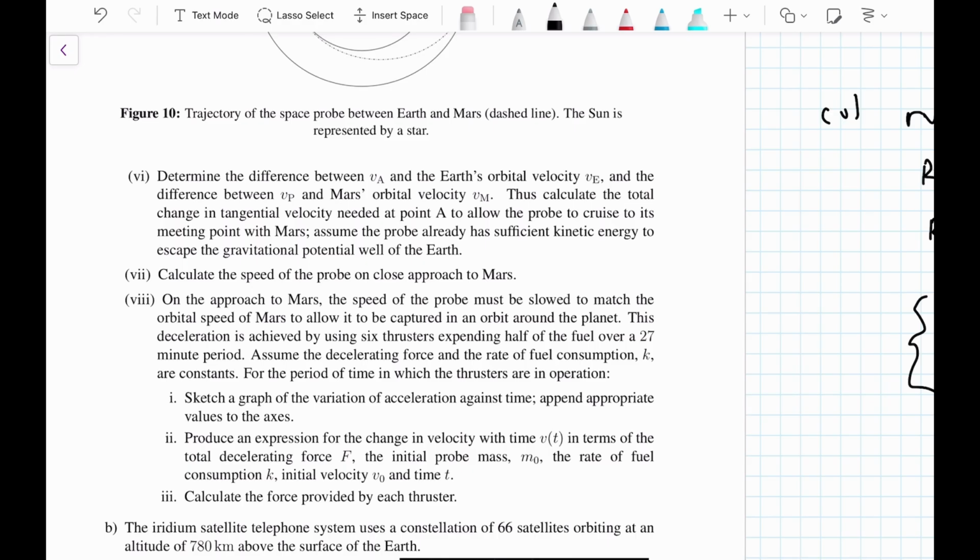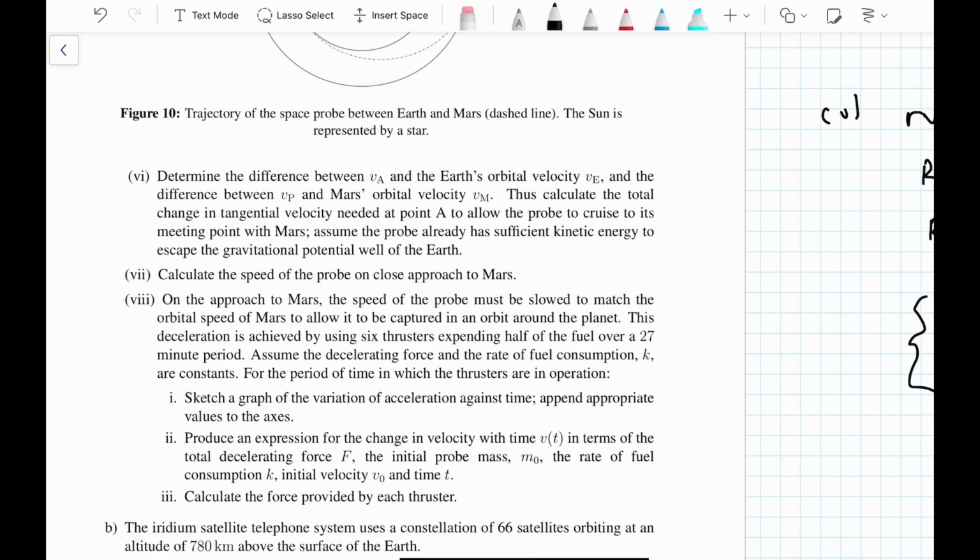So on approach to Mars, the speed of a probe must be slow to match the orbital speed of Mars to allow it to be captured in an orbit around the planet. Well then, if the sixth part already asks that, then the eighth part won't give this information, I believe. So let's just go on with this.